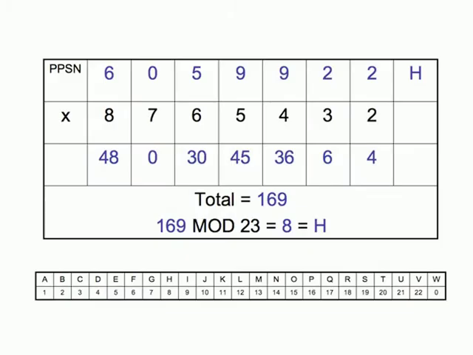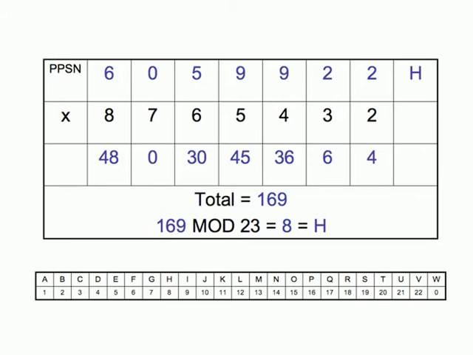So let's look at this PPS number here. The number is 6059922. And we're going to work out what the checksum letter should be. Although this algorithm is different from the ISBN number, you can see there's the same kind of process at work. Here the first digit gets multiplied by 8, the next one gets multiplied by 7, the next one by 6, the next one by 5, and by 4, and by 3, and by 2.